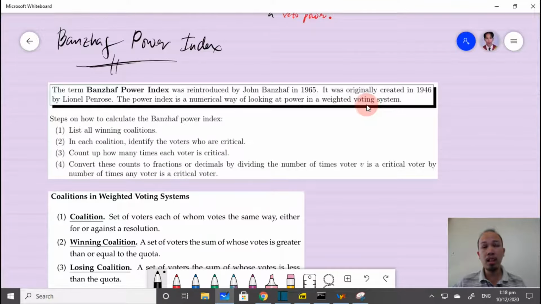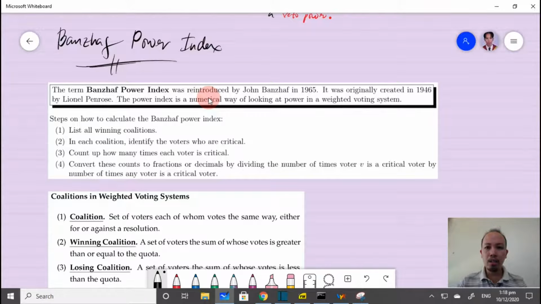Just like I've said before in the discussion of the weighted voting system, the voter has a power, and that power is what we call the Banzhaf power index.